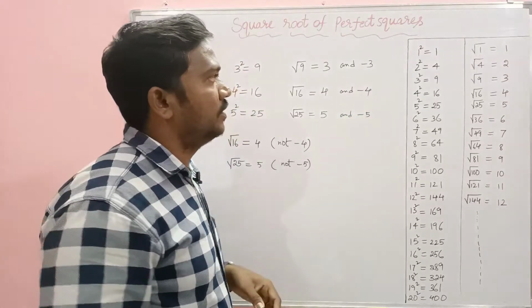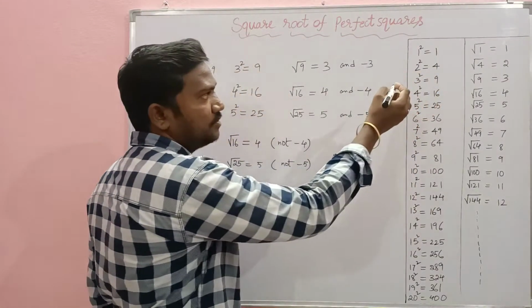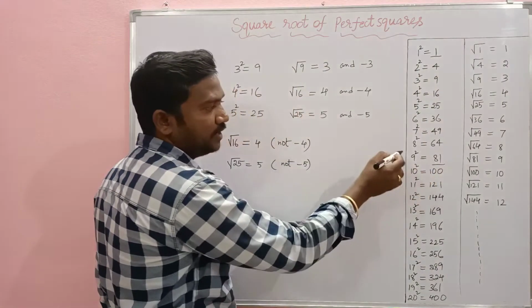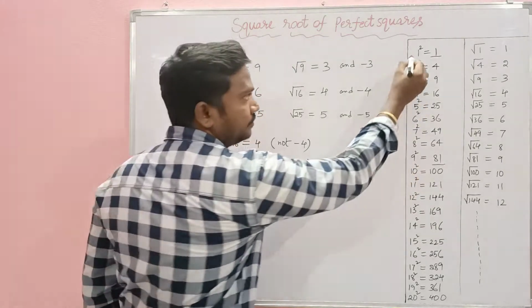Now see here, if you observe this pattern, if the number ends with the digit 1, the units place of the square root of that number is either 1 or 9.